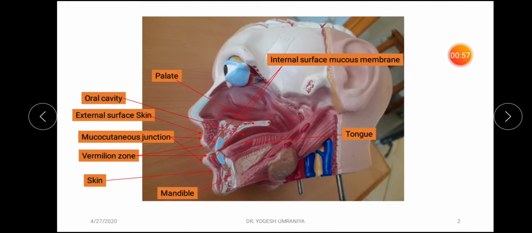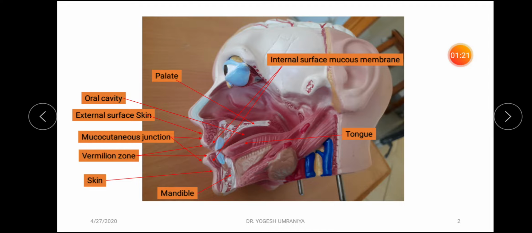Remember, stratified squamous non-keratinized epithelium, except at the region of the gums or the alveolar processes of the respective bones. This epithelium is going to be replaced by keratinization.